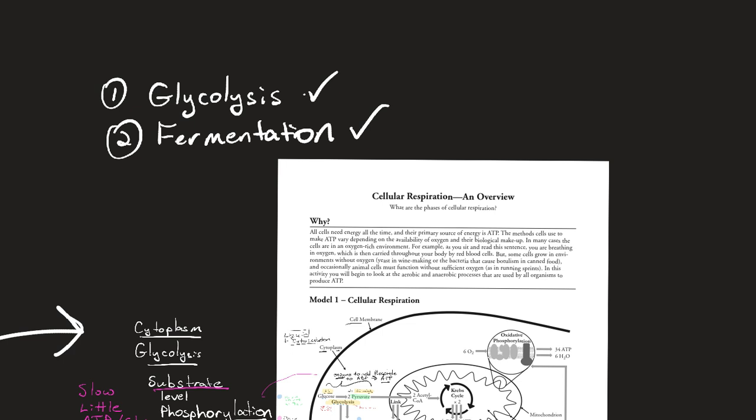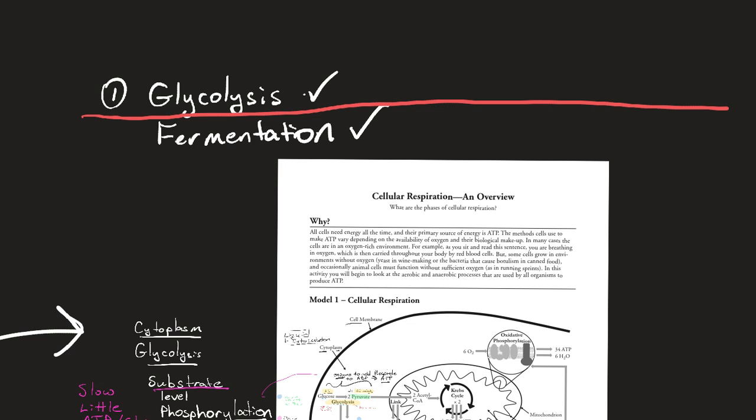Let's draw this, because one of the questions in here is what are the steps to cellular respiration? Glycolysis is one of the steps. And another step to cellular respiration is something called the Krebs cycle.